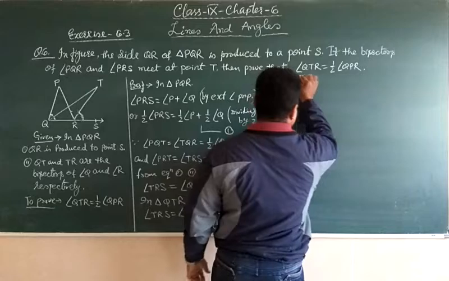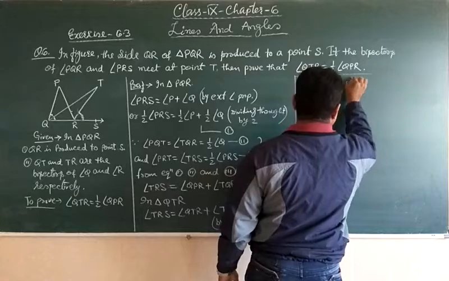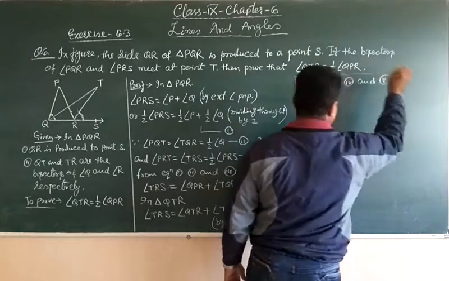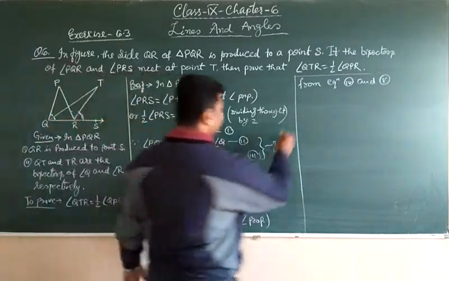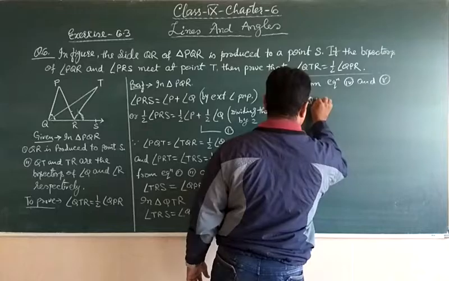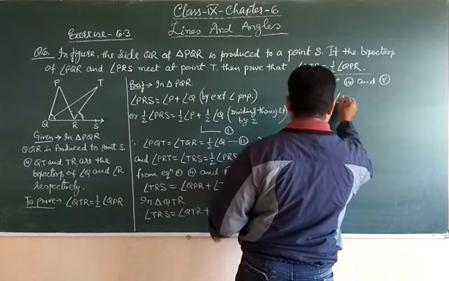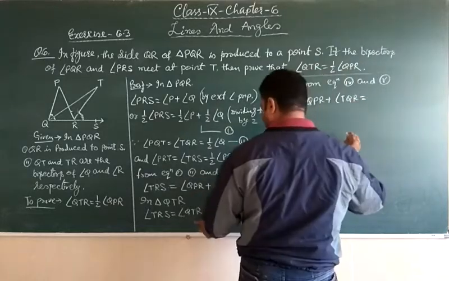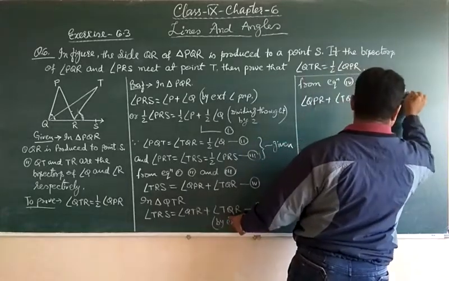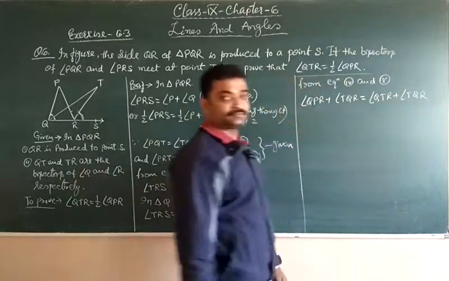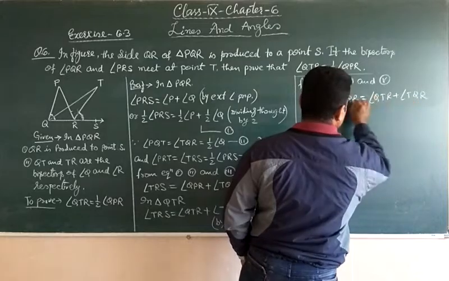From equation 4 and 5 we can write angle QPR plus angle TQR is equal to angle QTR plus angle TQR. Isn't it? Now TQR and TQR cancel out from both sides.